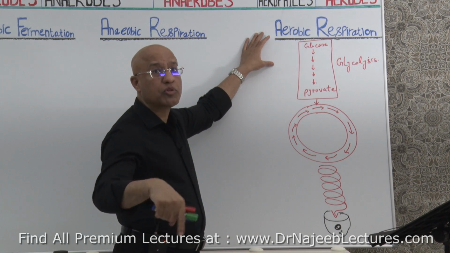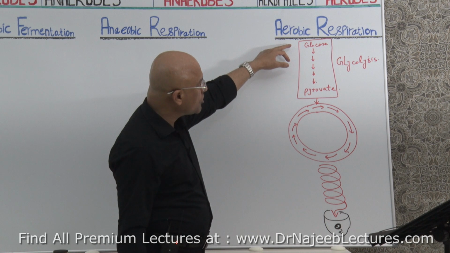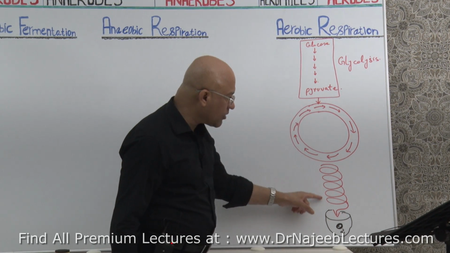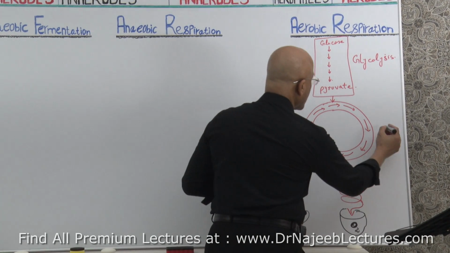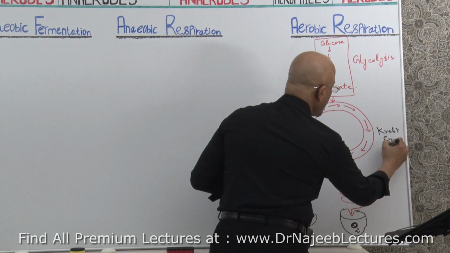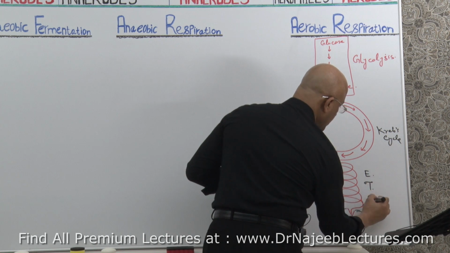Why? Because it produces the maximum amount of ATP. It consists of glycolysis, then Krebs cycle, and then electron transport chain.